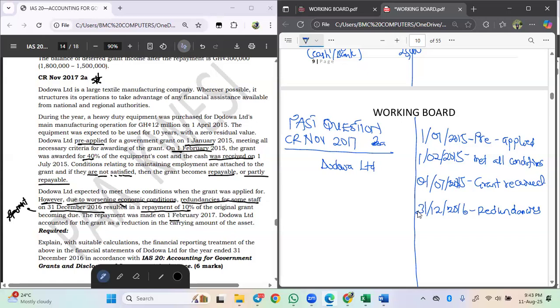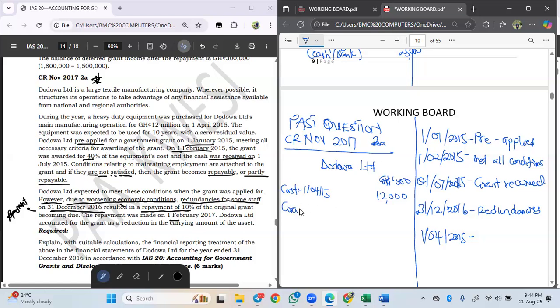The equipment was purchased on what date? 1st April 2015. So the cost of the equipment on 1st April 2015 is 12,000.